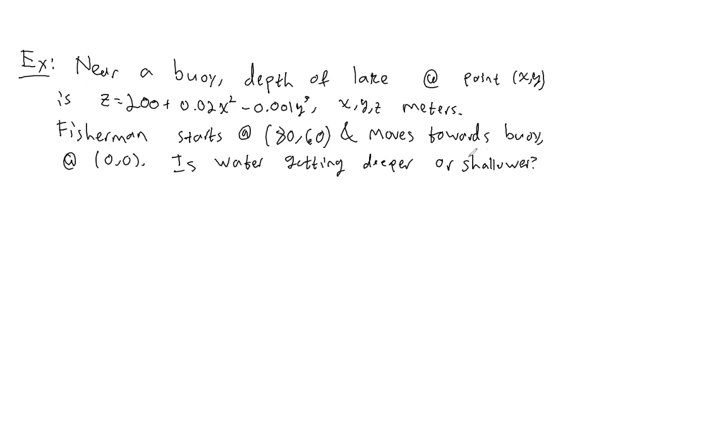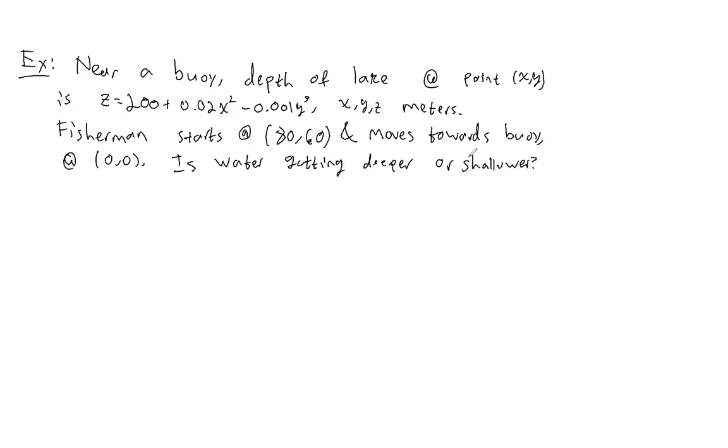Now we need to ask ourselves, what is this question actually asking? It's asking how the depth of this lake is changing. And not only that, it's asking how the depth of the lake is changing in a particular direction.